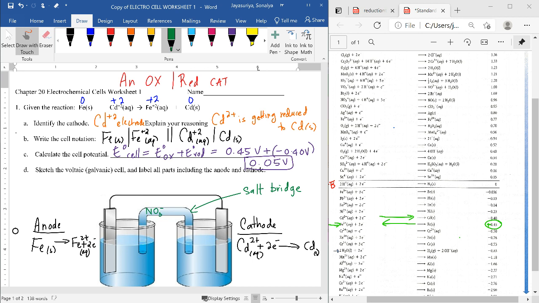NO3- ions should be going into the increasingly positive side, and potassium ions should be going into the side where the cathode is, okay? It's kind of important to make that distinction. Okay, so we got our anode and our cathode.